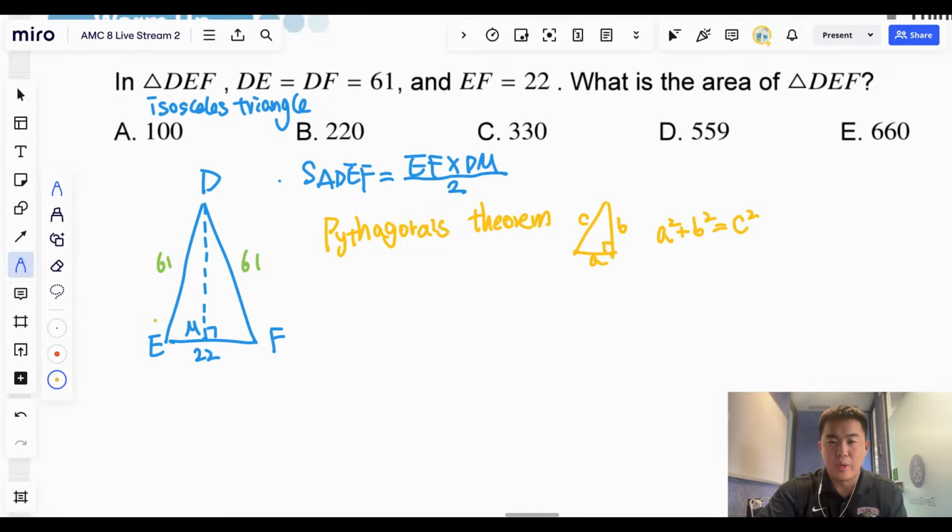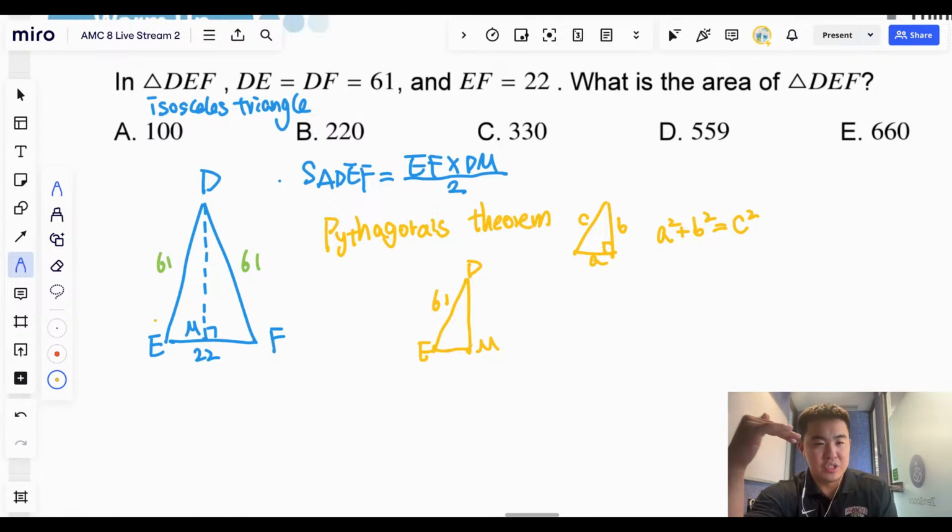Given a right triangle, we have this relationship between the lengths of the three edges of the triangle. In this case, let's apply this theorem to solve for the line segment DM. Now we have our new triangle DEM, and DE is just 61, we know. There's a very important feature about why I mentioned the isosceles triangle.